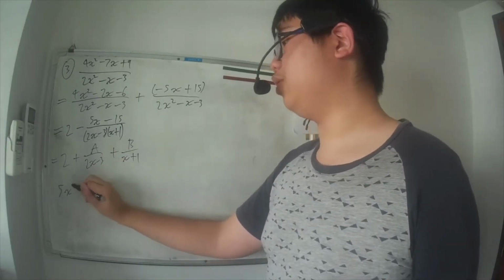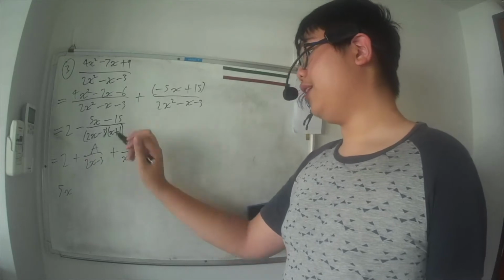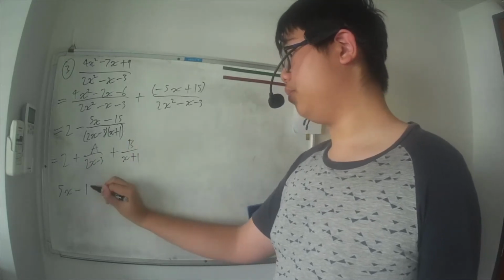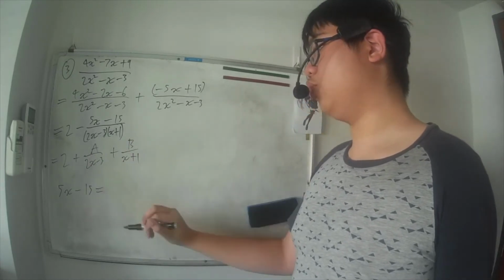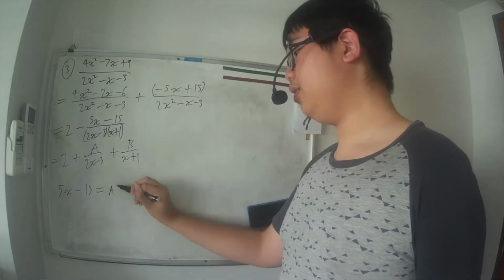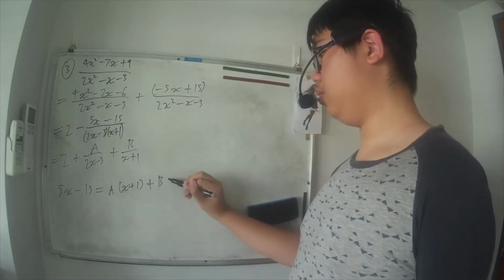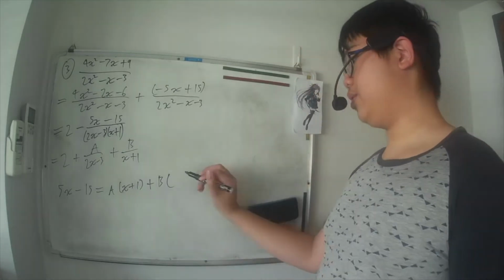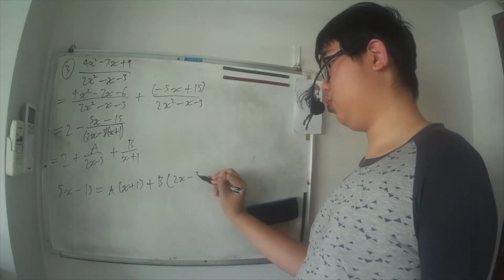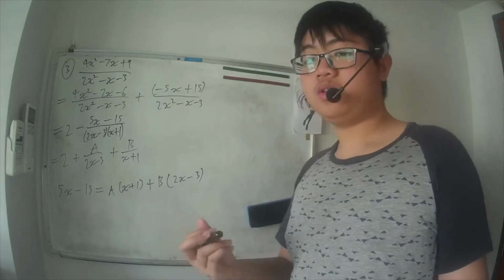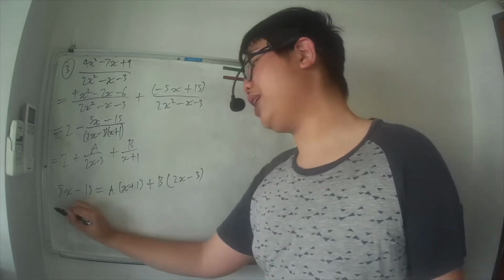5x, we will ignore this 2 for now. So 5x minus 15 is equal to a times x plus 1 plus b times 2x minus 3. Okay, so now we're going to substitute certain values of x.